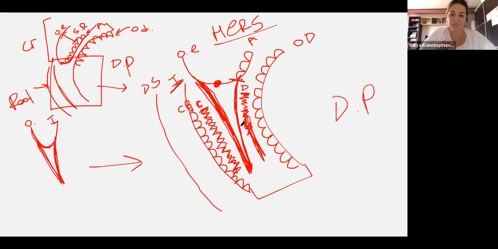But sometimes it leaves a little tiny remnant, like a little tiny dot you can see on the slide. This dot is between cementum and dentin. This dot, a remnant of the HERS, has a name. It is called island or cell rest of Malassez.